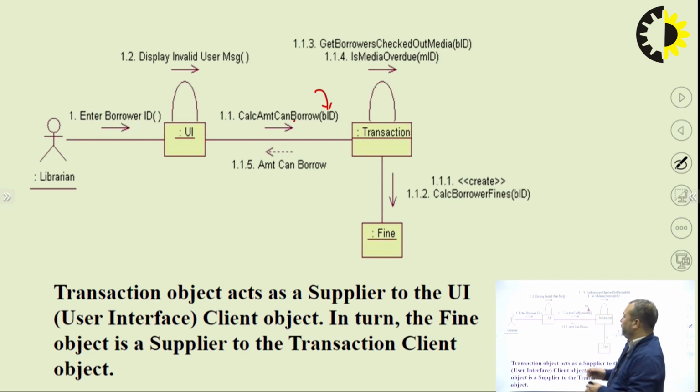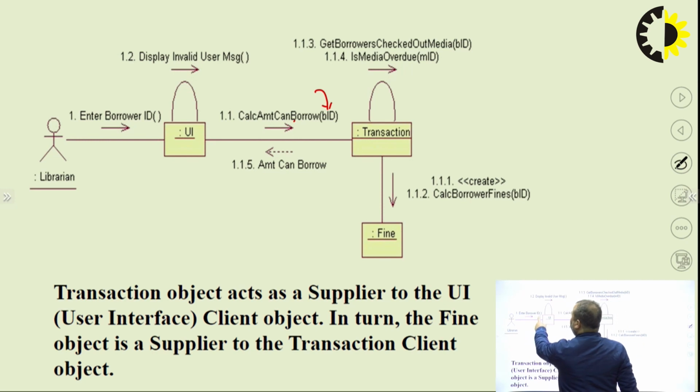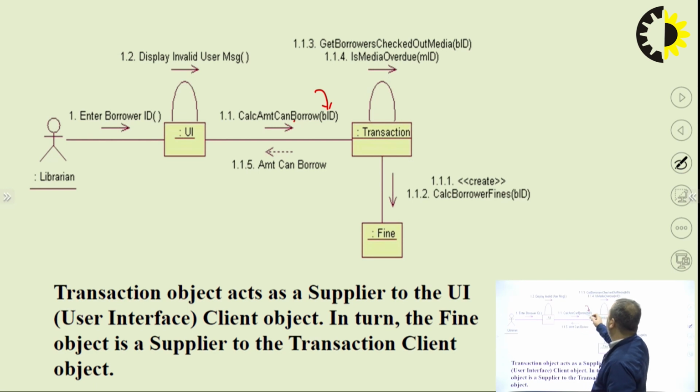So see, librarian enters borrower ID, to the UI, user interface. So first is this, then when the librarian enters the borrower ID, this 1.1 means next, calculate amount can borrow. This is a function, right? Correspondingly, the code will be written, so inside that function we have passed the BID.